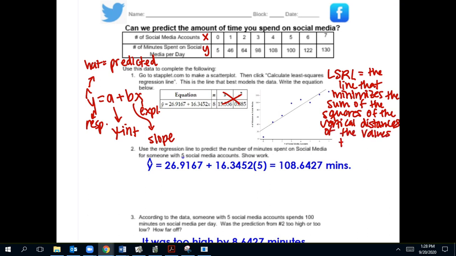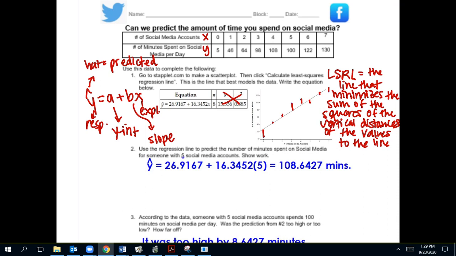What you learned it as back in the day was the line of best fit. It still is. It fits the best because of this definition, because it minimizes, and these are the vertical distances right here. And so this line is the one that makes these squared distances the smallest.